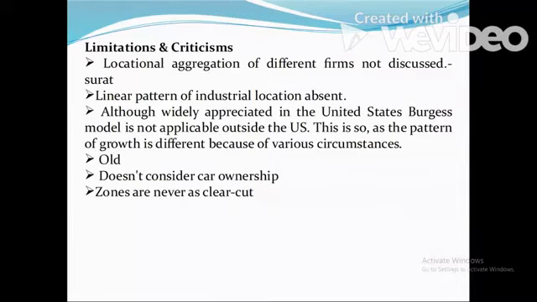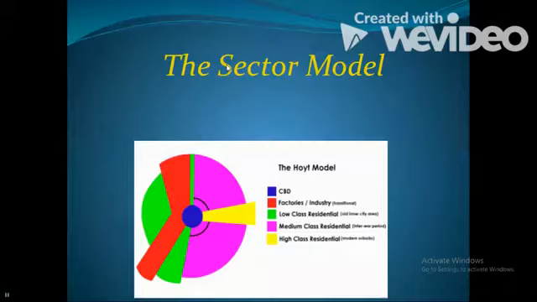Now this railroad availability, or various forms of transportation, has not been taken into account by Burgess in his theory. So these are the various limitations of his theory.